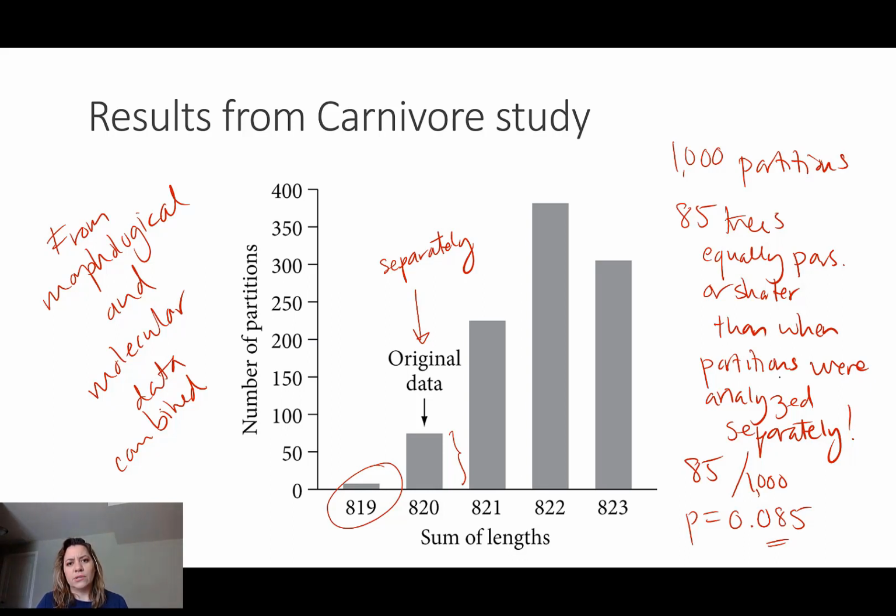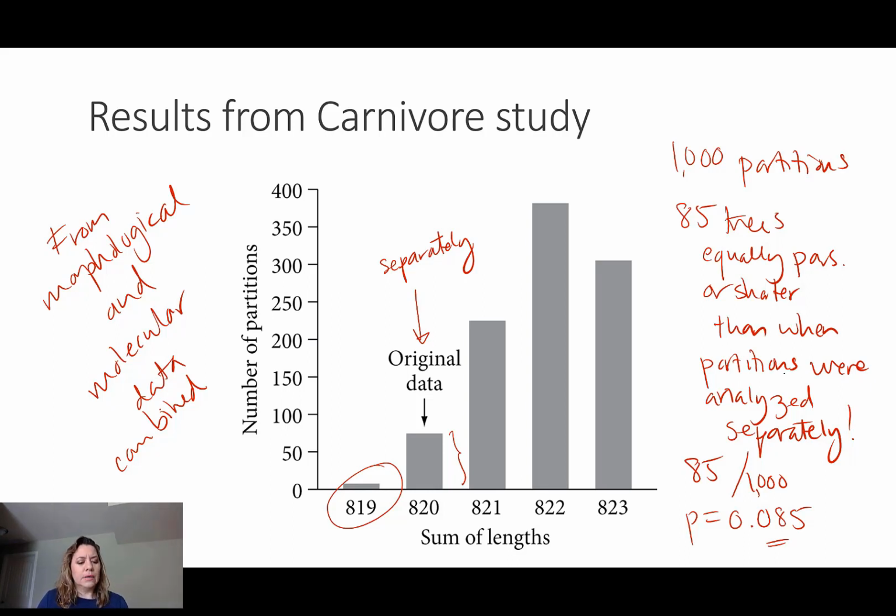All right, so essentially what this is showing you is that you should combine these data sets and you could get a more parsimonious tree. And you can do the same for maximum likelihood. As long as you can interpret a figure like this, or if I gave you a set of partitions and you had to discern whether you should combine or not, you should be in good shape.